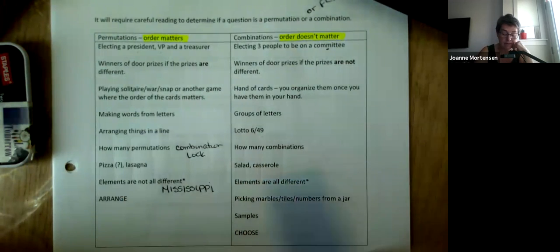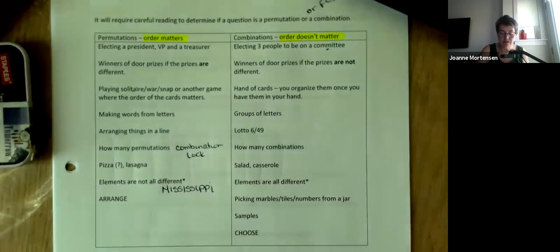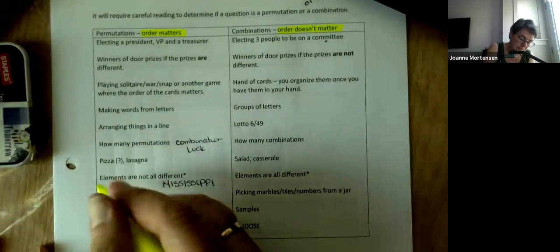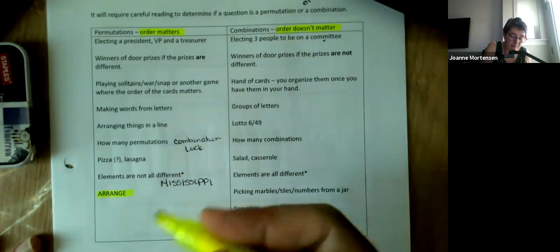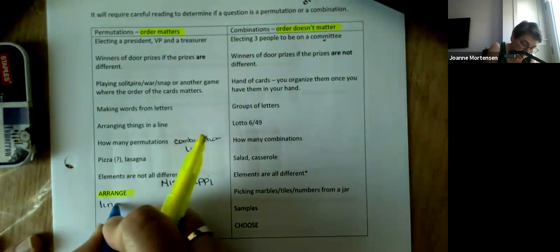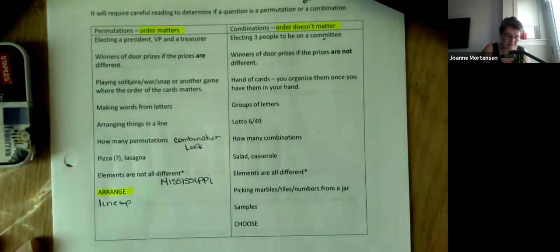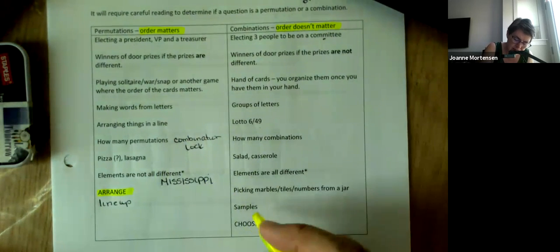So the moment you have repeating elements, you're going to be over here with permutations. The keyword here is to look for arrange or line up. I guess organize would work too, but those two for sure, whereas we're just talking about choosing.